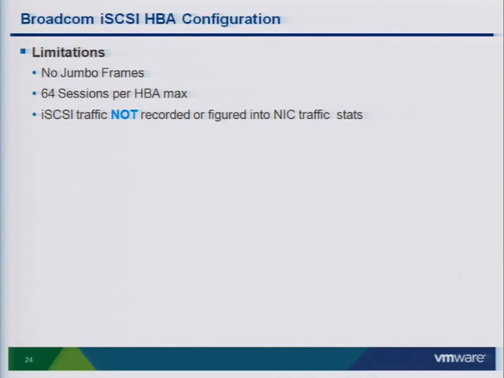Keep in mind that if you really start running into limitations, you can run your hot traffic over your iSCSI HBA and your cooler traffic over a software initiator on the same port. It all works. Keep in mind that when you actually are pushing iSCSI traffic over this, it is not recorded in the VMKNIC traffic stats.